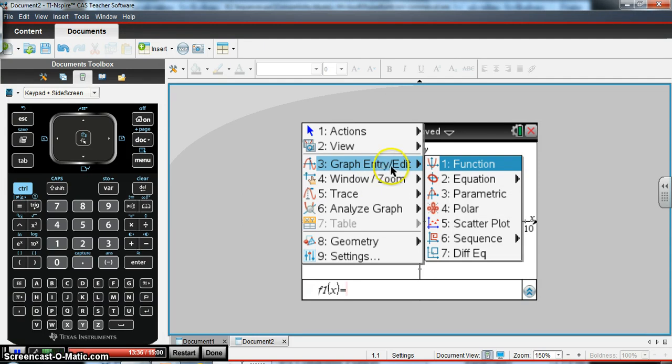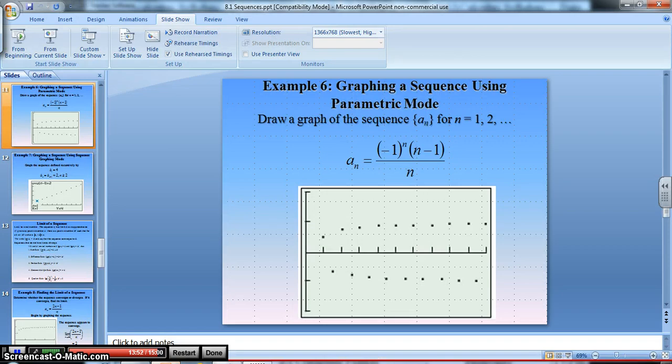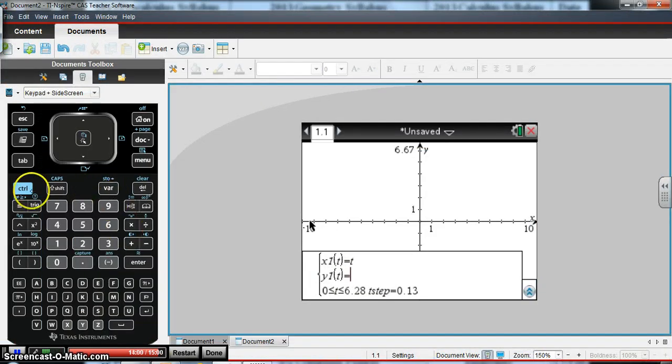Remember, I've got a CAS version here. And I'm going to go to parametric. Now for the X part, I'm just going to put T. And for the Y part, I'm going to put the equation, which is -1 to the t, and then t minus 1 over t.